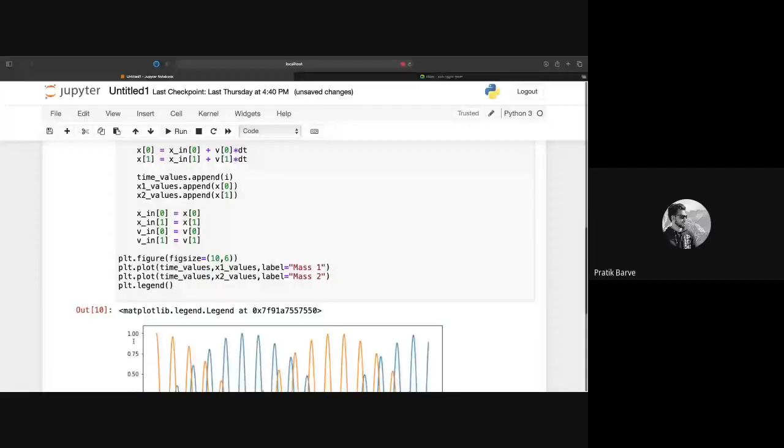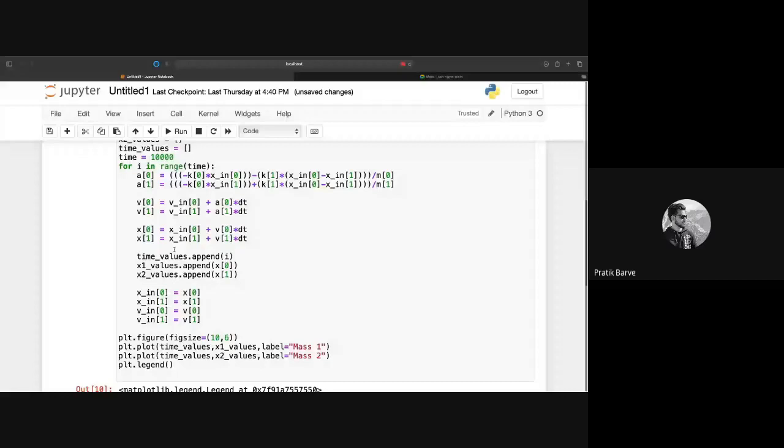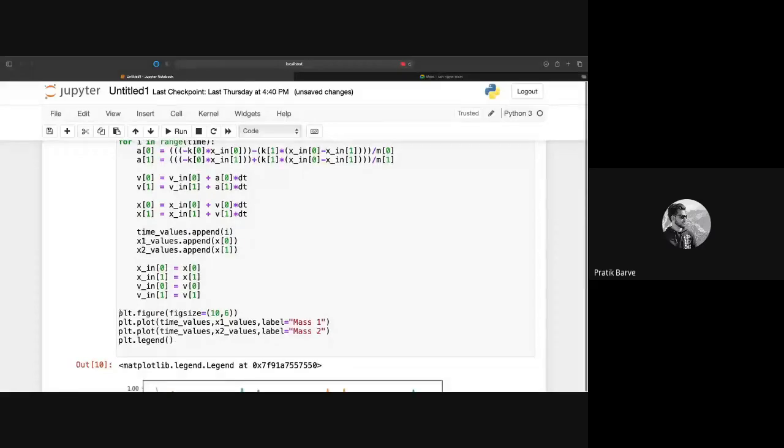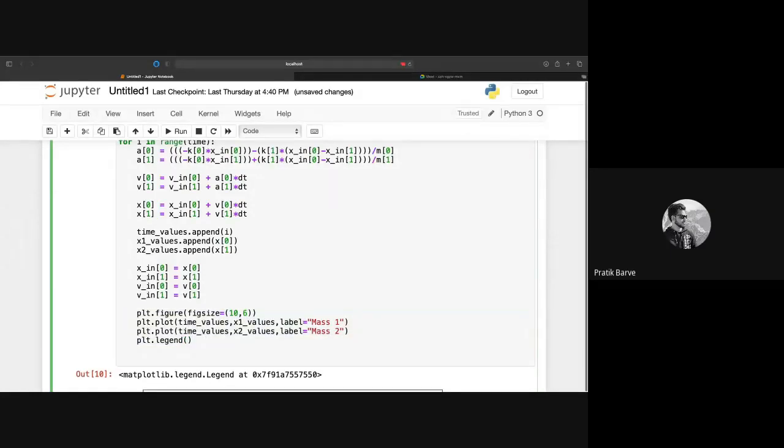Okay, so we have all this, and now what we have to do is put this whole thing inside the loop. Have I imported it?